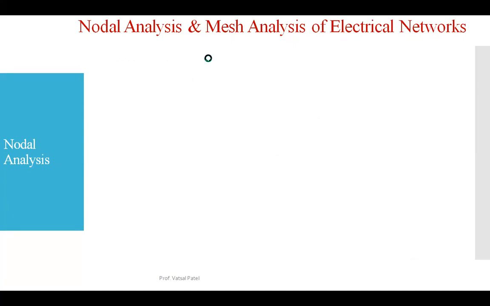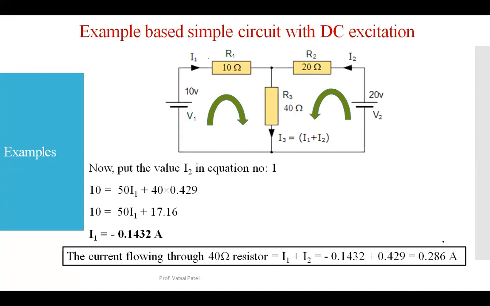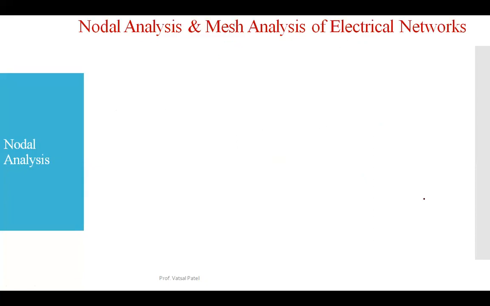In our previous circuit, if this is node A and this is node B, you can take node B as the reference or ground node because it is connected with the negative polarity.